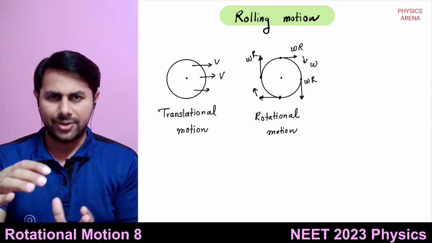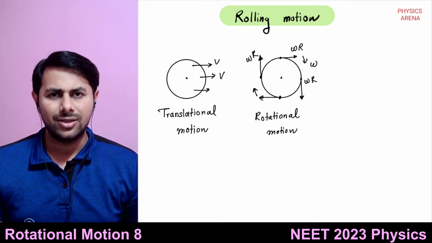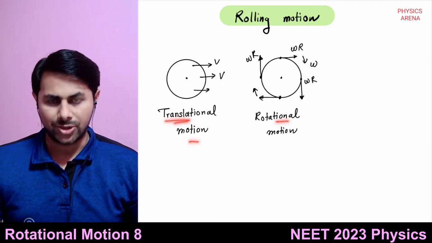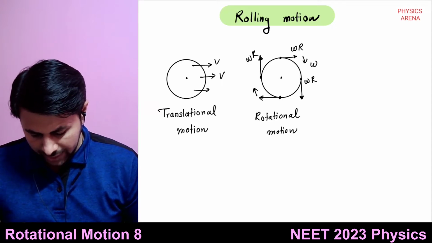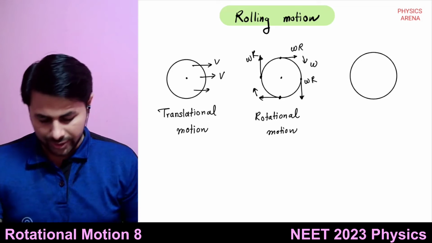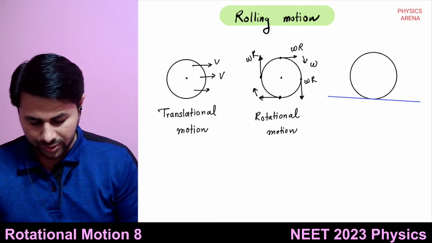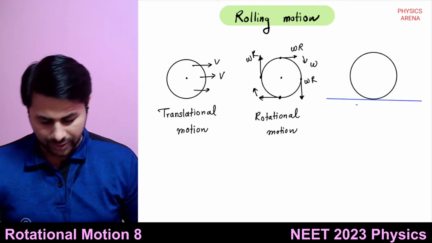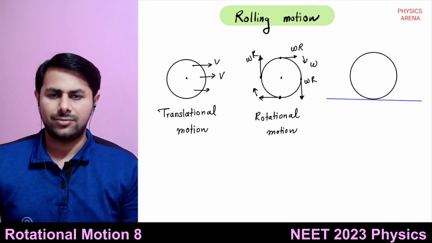Now if a body rolls without slipping, then it is a combination of translational and rotational motion. Let's suppose that this wheel is rolling on this surface. So what will be the velocities of different points?